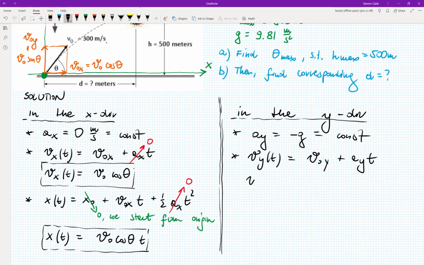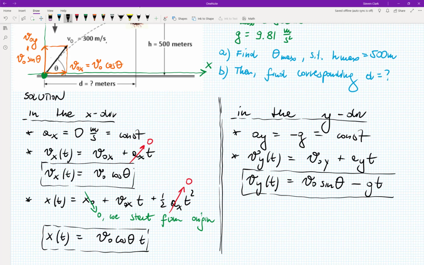Okay, so Vy will have this form, V0 sine theta minus gt. That's great. And now position. As you can see, there's like a recipe to solve that problem. Yes, I can follow these steps, and I can solve any problem of that kind.